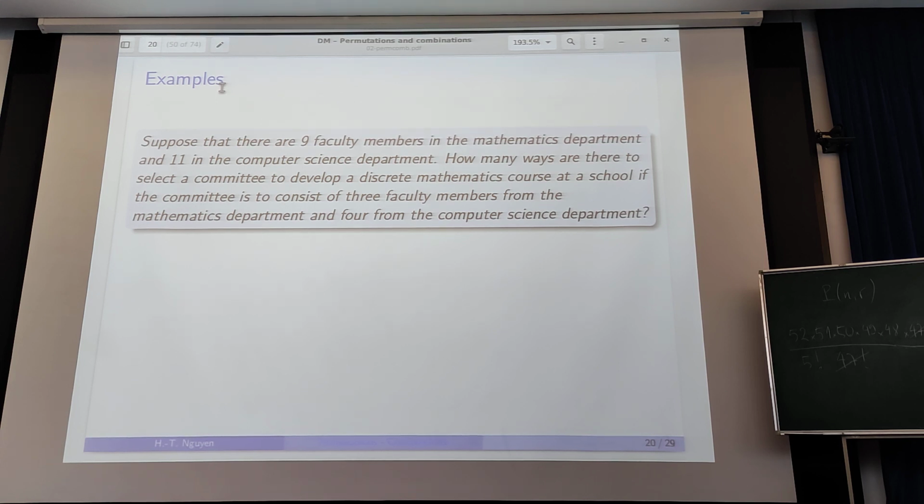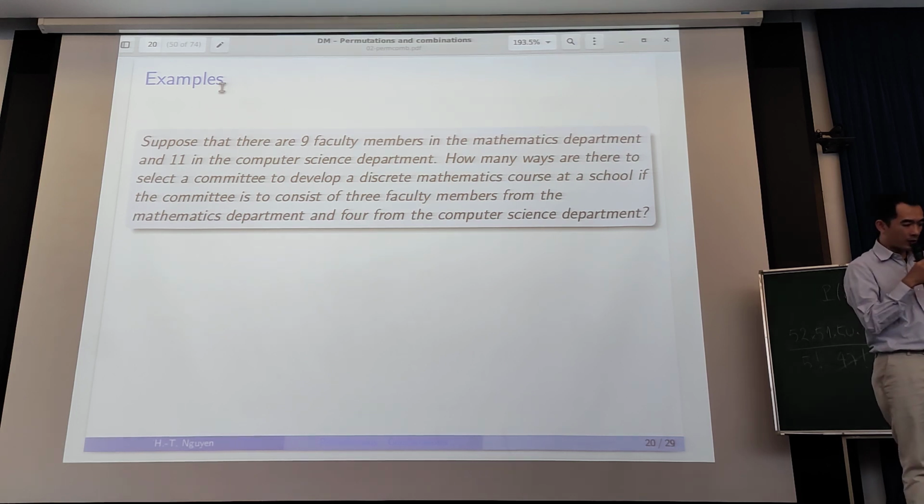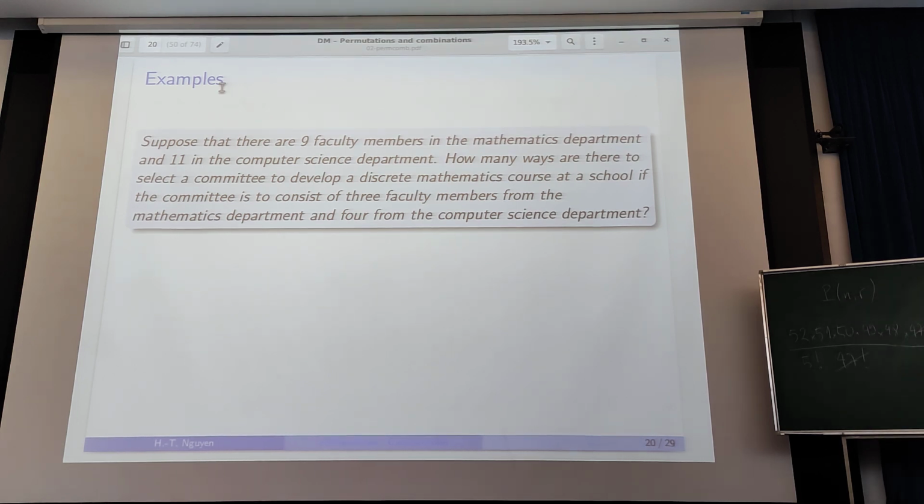In one department you have 9 lecturers, and in the other department you have 11 lecturers. Now you want to elect a committee to develop some program. You want to choose 3 members from the math department and 4 members from the CS department. How many possibilities are there for this committee?